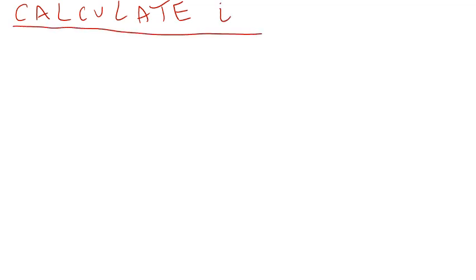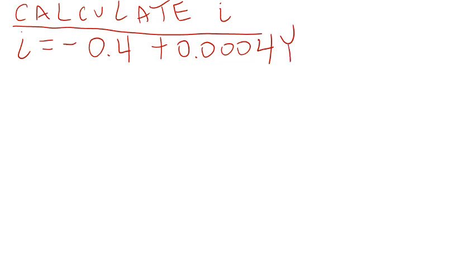All right. So in this slide, what we want to do is calculate the interest rate. All right. So we're going to use the interest rate equation, which we calculated from the money market. I, the interest rate, is equal to negative 0.4 plus 0.0004y.